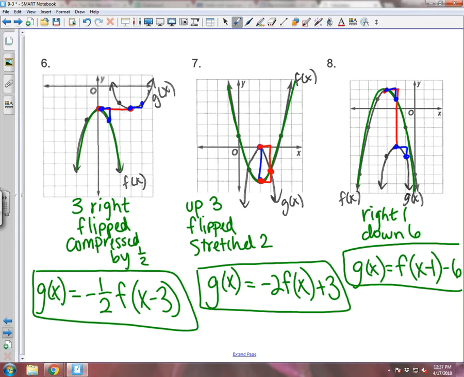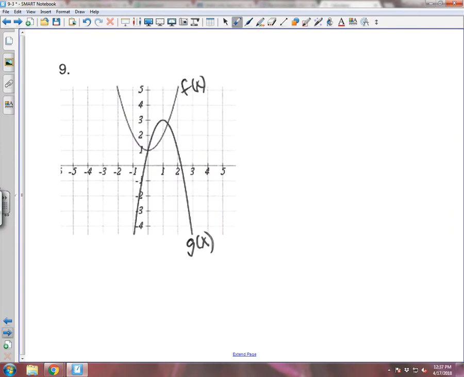All right, looks like we have one more left here, folks. Here's f of x. That vertex has been moved right 1, up 2. It has been flipped. And now let's check the width. In f of x, we go over 1, up 1. In g of x, we go over 1, down 2.